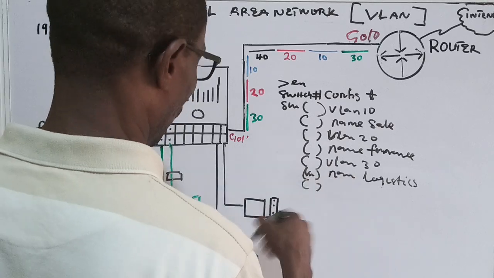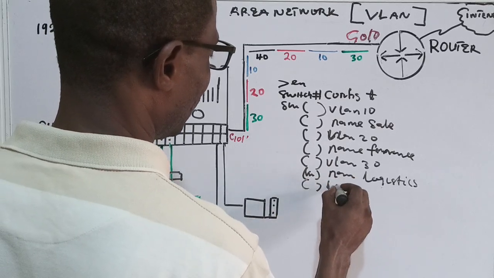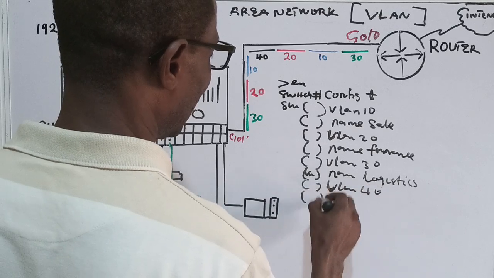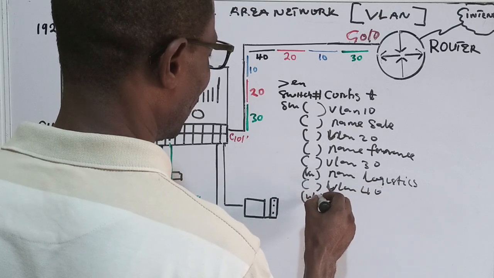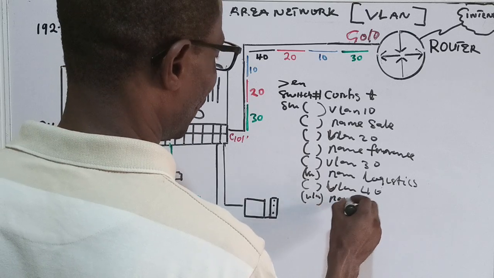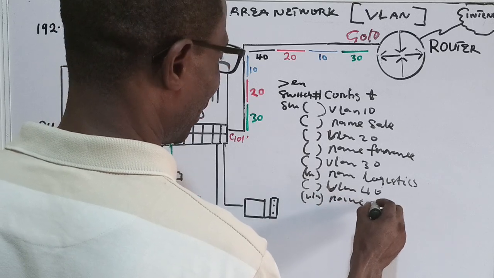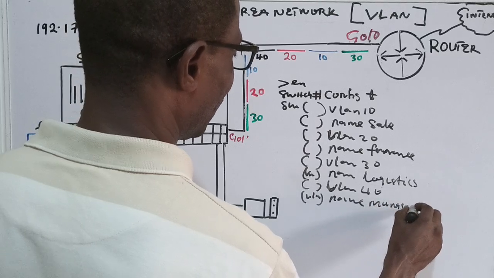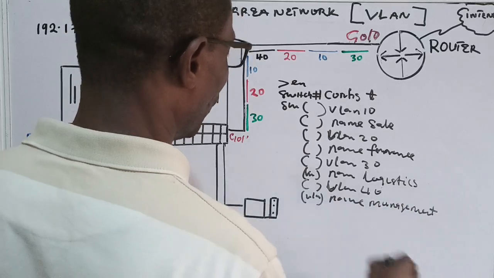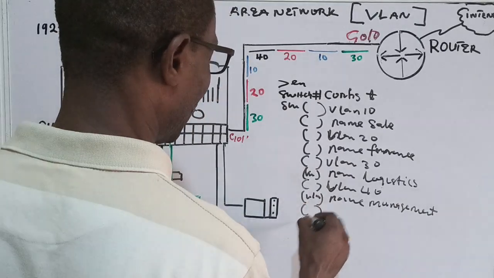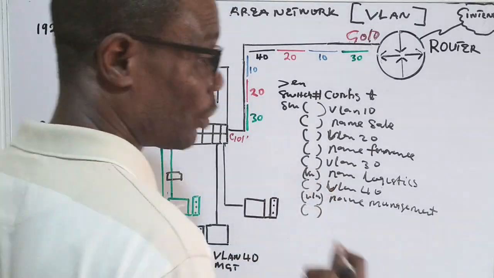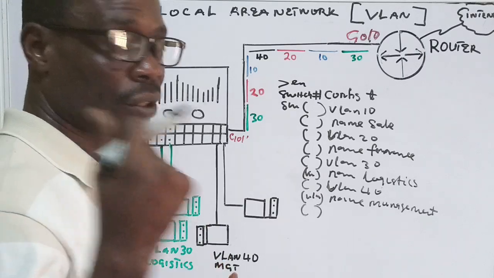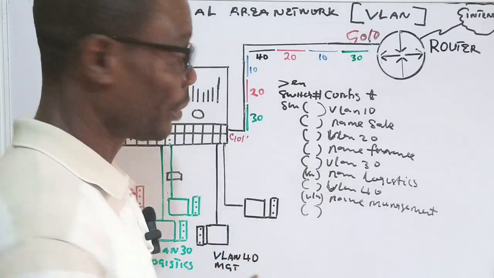Come to VLAN 40. You hit enter. You're in VLAN configuration mode, where you name it management. You hit enter and you come back. You create a voice VLAN, because there must be a voice VLAN for communication, Cisco IP phones.